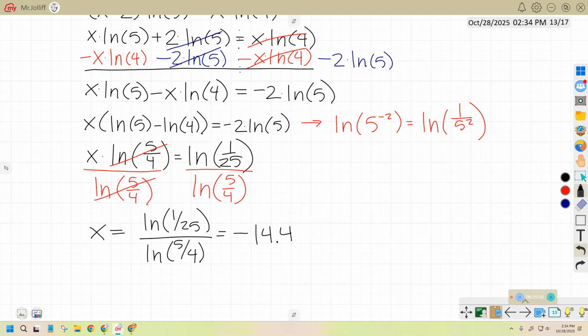It's dropped beneath the axis. I know that this is going to be bigger than 1 because I know ln of 1 is 0. The log of 1 is 0 because the point 1 comma 0 is on our graph. This is smaller than 1, it's negative. This is bigger than 1, it's positive. Negative divided by positive is negative. So that makes sense that I have a negative answer.